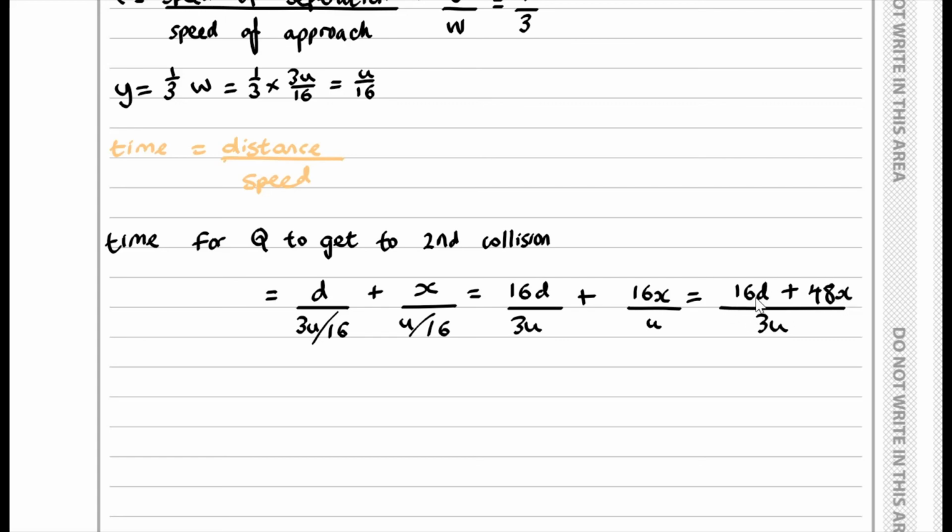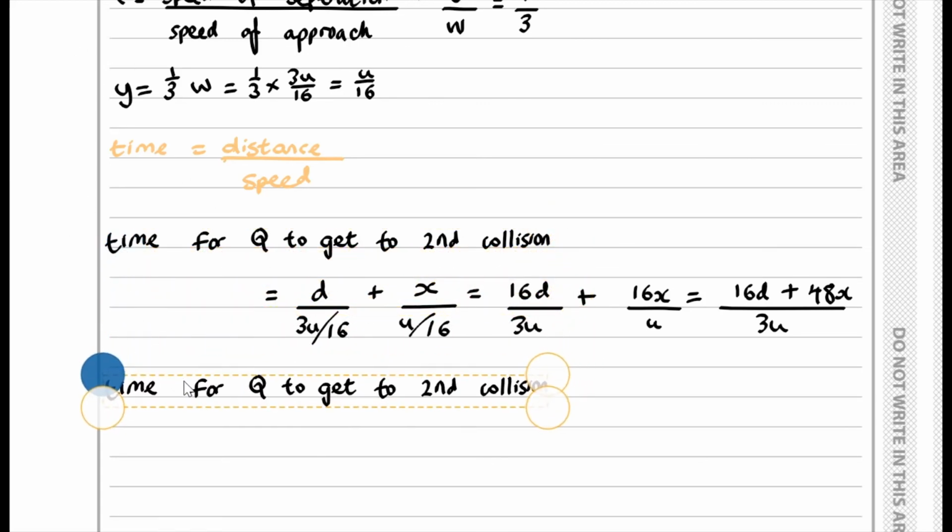Okay, so that's the time it takes for Q to get to the second collision, and we can do a similar thing to find the time it takes P to get to the second collision.